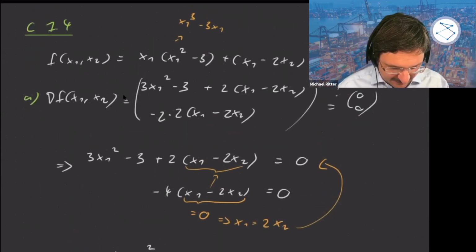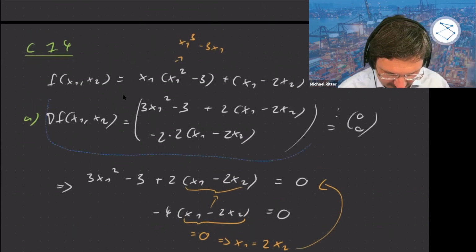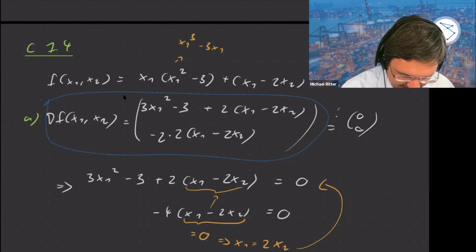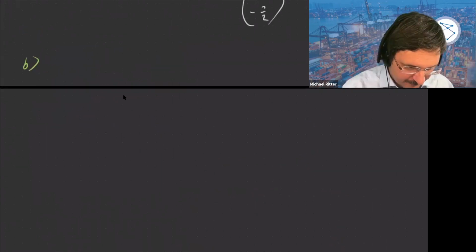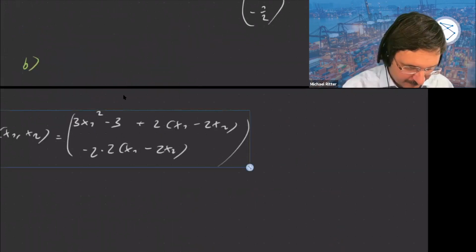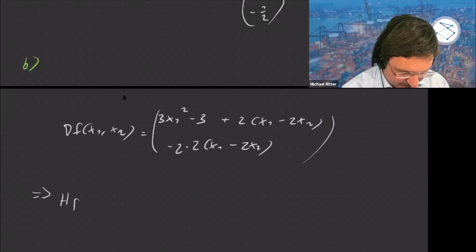Let's again have a look at the gradient here. Let me just copy that so we can use that to compute the Hessian. So that was the gradient. And that means for the Hessian, we get the following.